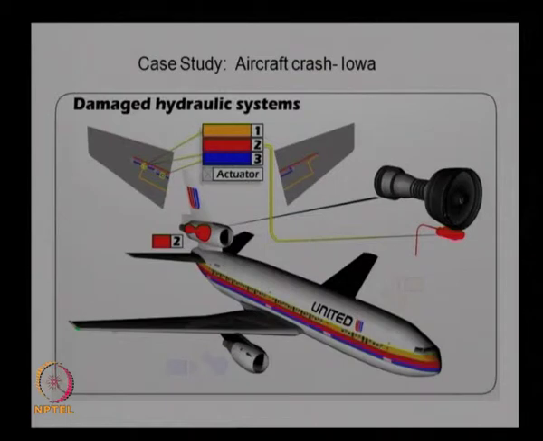As you can see in this picture, the hydraulic system failed and there was a single point where the hydraulic lines converged, and it was at this convergence point where the fan disc hit the tail end, and then that damaged the hydraulic system to the control planes, and the flight lost its control and finally crashed.